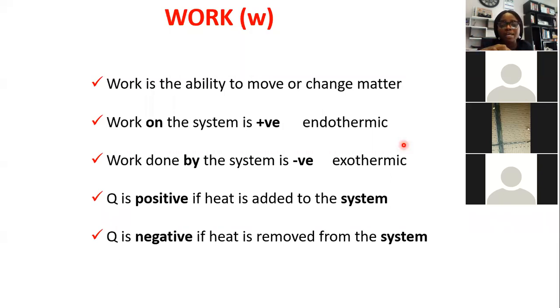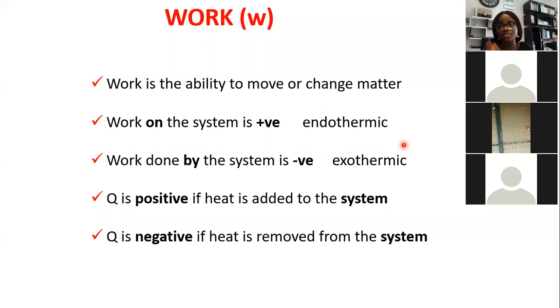But let's assume that the piston is somewhere in the cup and the gas in the cup is expanding. If it expands and pushes the piston up, then we'll say this system has done work, and that's going to make work negative. So when the system does the work, we say that the work done by the system is negative. This shows that it's the system that is doing the work that we are calculating.